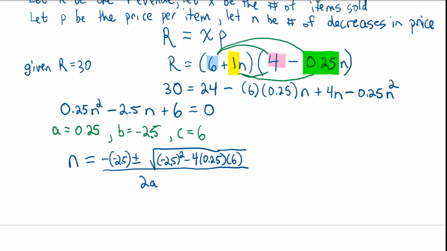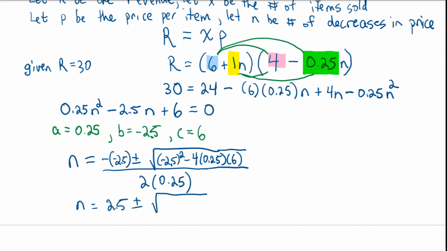And the a value, once again, is 0.25. So at the bottom here we have 0.25. Carefully putting this into your calculator. Let's see what the discriminant is. So we have n equals negative and a negative gives you a positive 2.5 plus or minus.